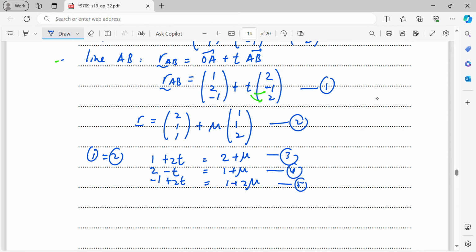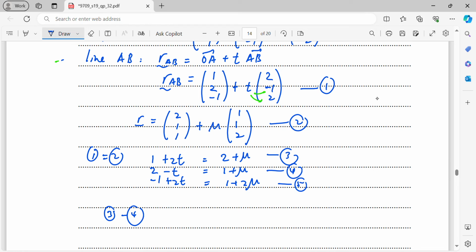So now, to solve these three equations, since I have two unknowns, t and mu, I just need two equations. Therefore, I will use the third and fifth equation because both have positive 2t. Or probably I use the third and fourth because I can eliminate the mu. So now I will just write the third minus fourth.